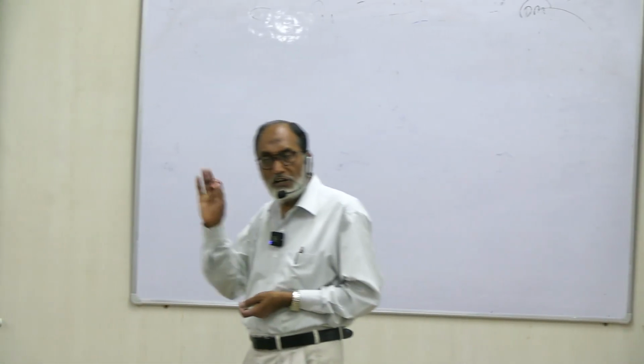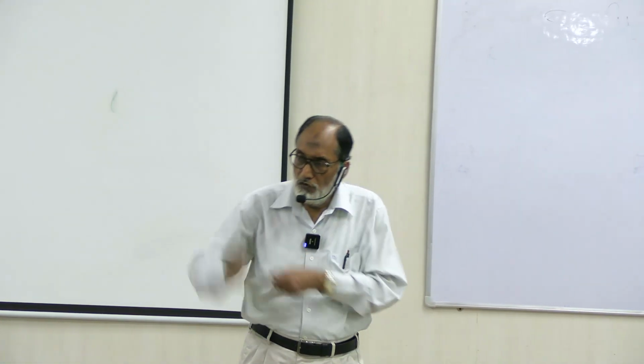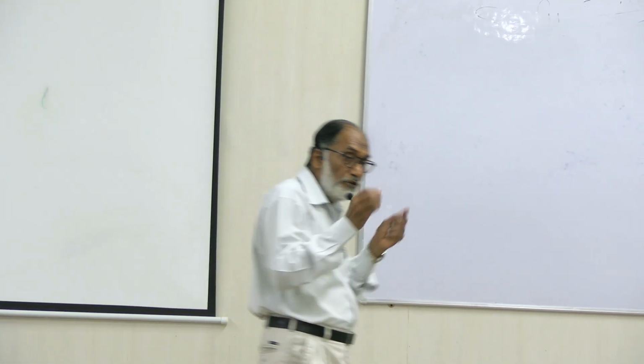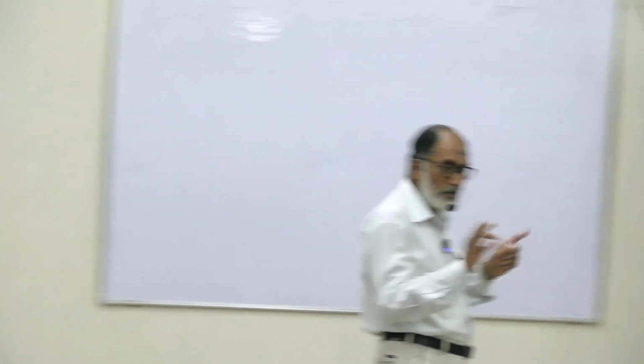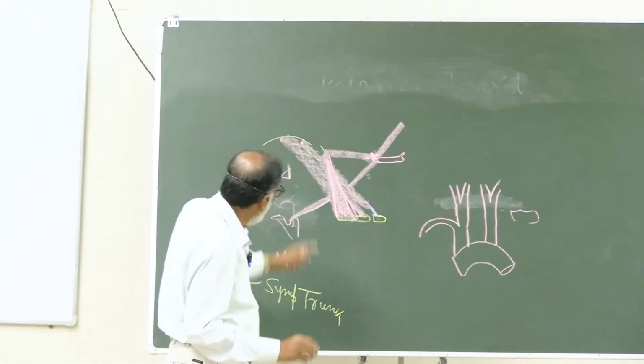The external carotid artery pierces the carotid sheath. It pierces and comes out. And tributaries of the internal jugular vein pierce the carotid sheath.